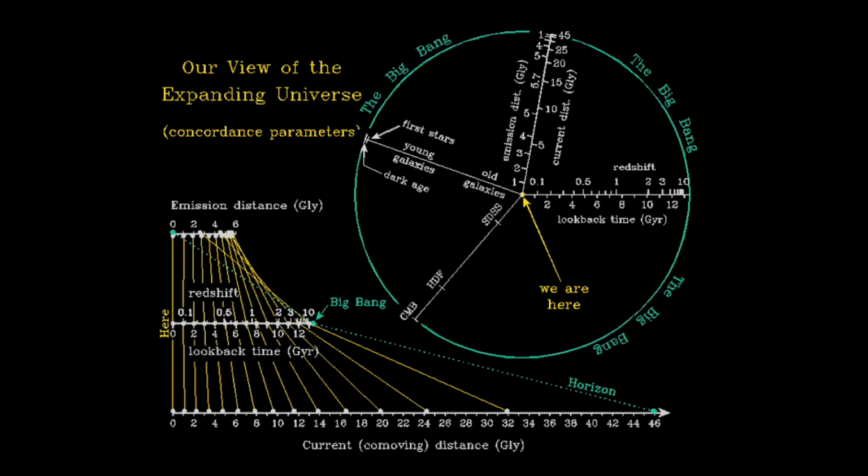More interestingly, we can see that there's a maximum proper distance for this emission, and that can be seen from this graph, which shows that it's somewhere around 5 gigaparsecs, or if you really want to go back, 15 billion light years.